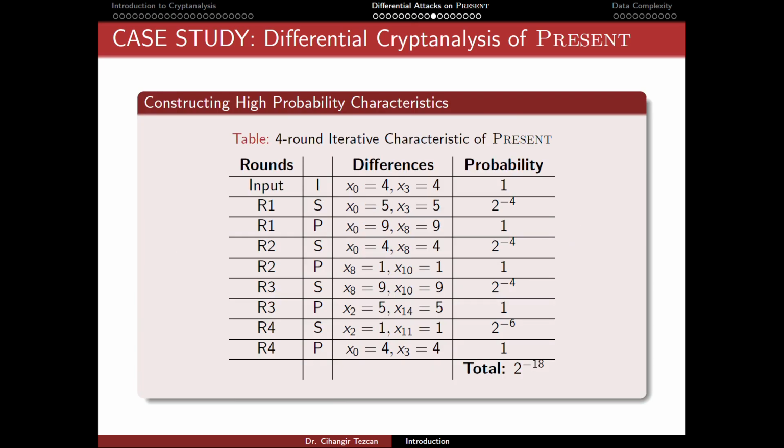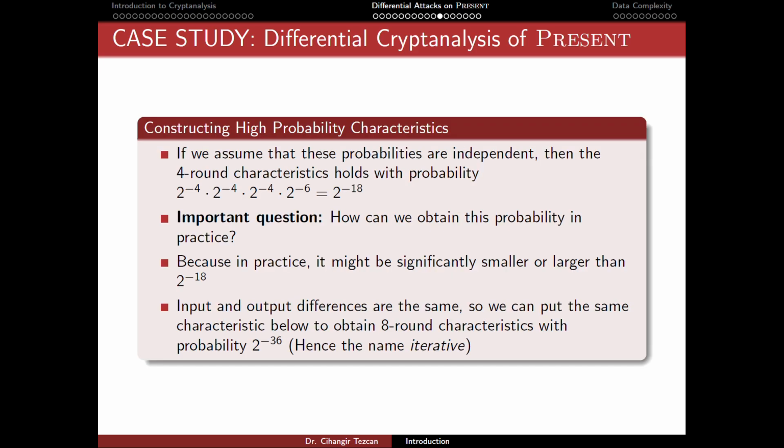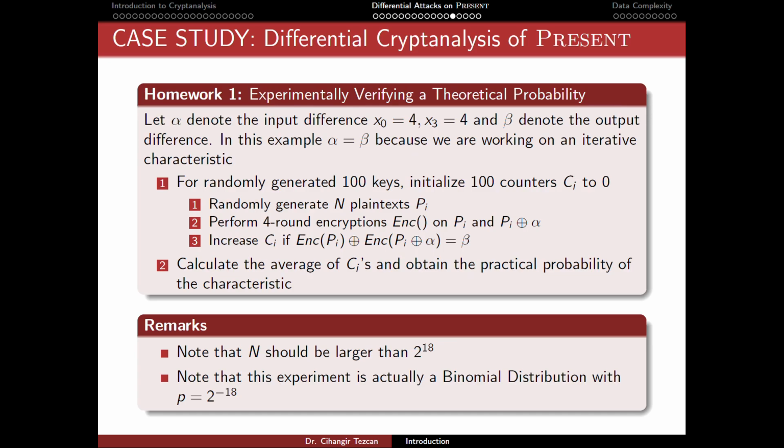What we were trying to prove is the validity of this 4-round iterative characteristic for PRESENT. What you need to do is take a plaintext, which you should probably generate randomly.